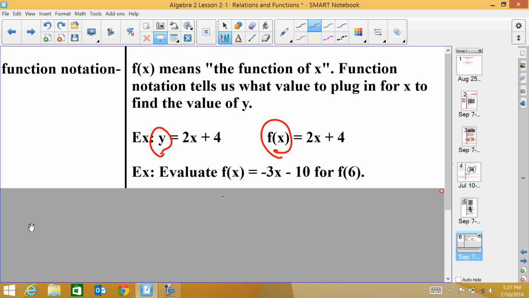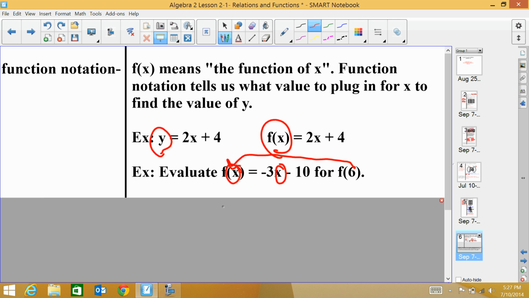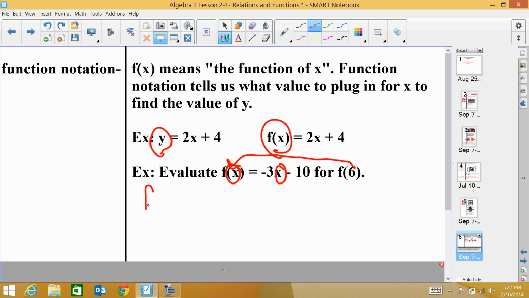Okay, so we're going to evaluate f of x equals negative 3x minus 10 for f of 6. So that means that we're taking 6 and we're plugging that in for x. Okay, in this x and in this x. So, give myself a little bit of room to work down here. I want to find f of 6.